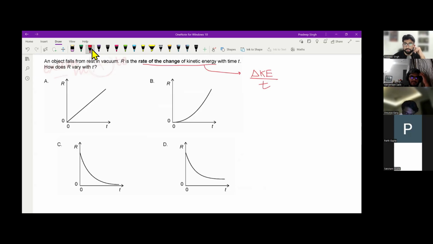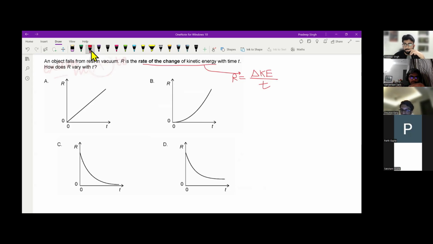Yeah. Okay, so then what do we do here? The slope would have to be this upon T, which is change in kinetic energy upon T squared. Okay, so Ariman, what do I do after this? Rate R is this. After this, what do I do? We have our y-axis as R and our x-axis as t.